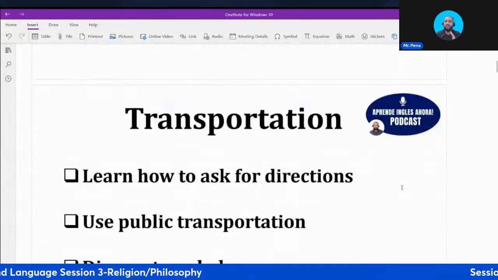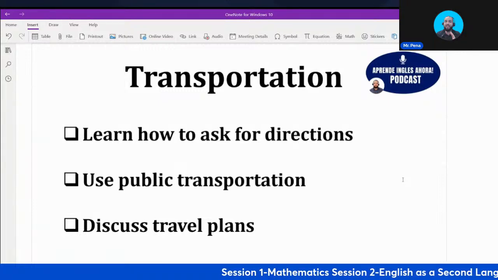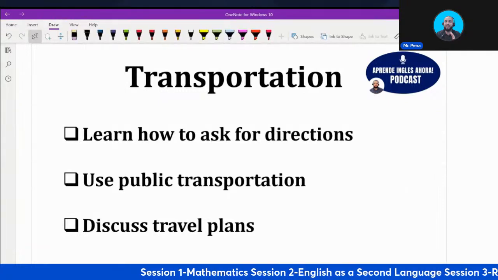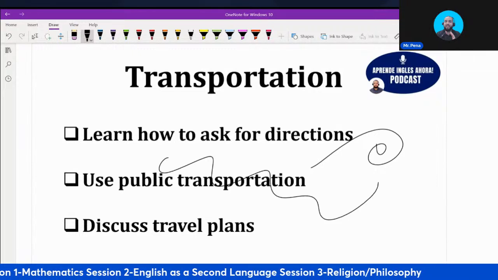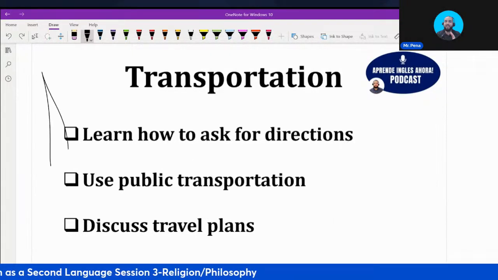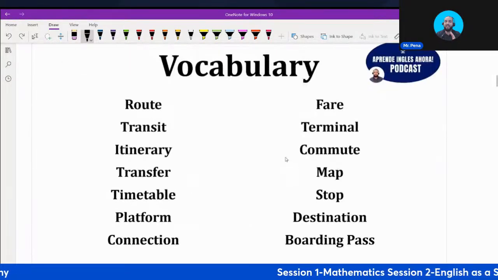And then we're gonna go over transportation. We're gonna learn how to ask for directions, how to use public transportation. Can I write on this? Ooh, I can write on this. Awesome. Okay. And to discuss travel plans. That's going to be today's podcast topic.